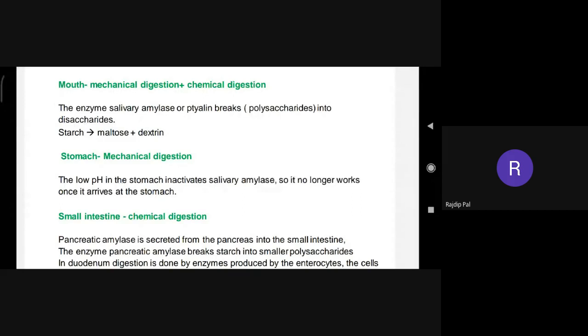Like when you are eating a banana, this banana has fructose in it, which is broken down into disaccharides. Then when it reaches the stomach, the salivary amylase stops working due to the low pH or acidic environment of the stomach.